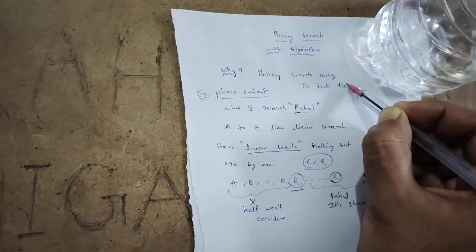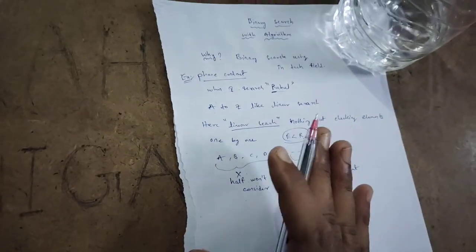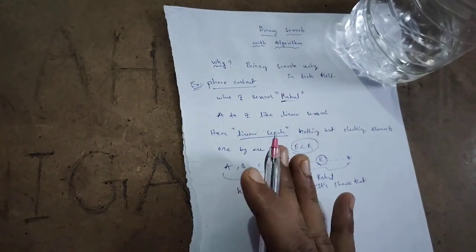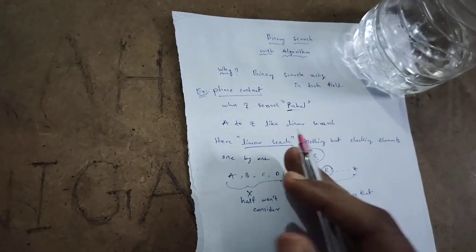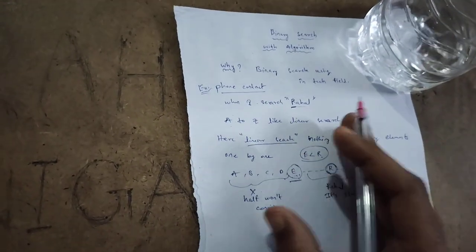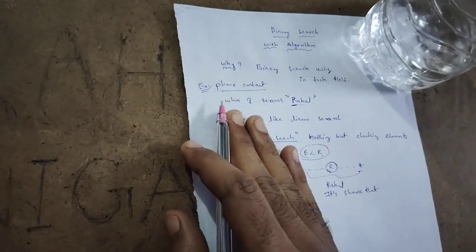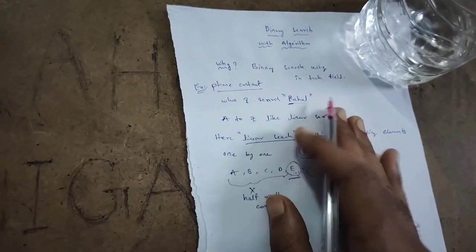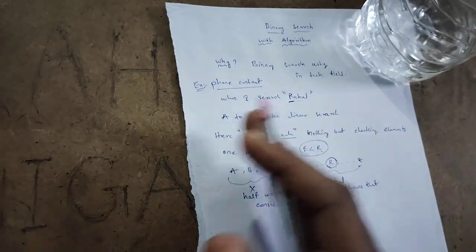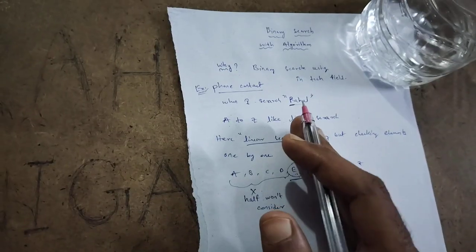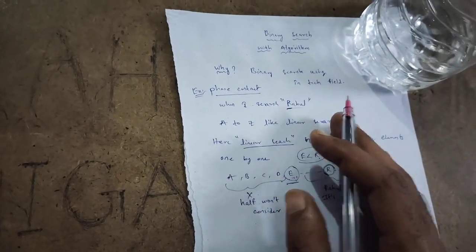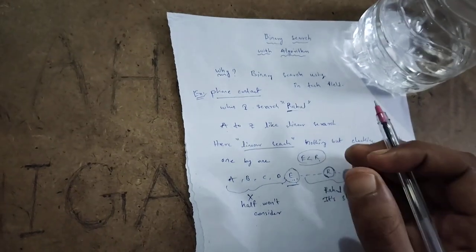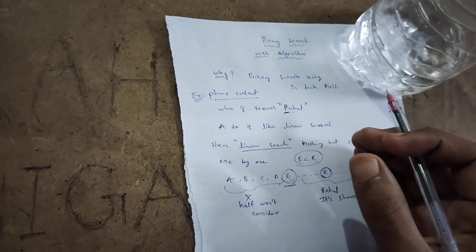Because students, you have to understand, computer doesn't think and doesn't imagine how the elements are there, whether it is greater than or less than. They don't know, because they don't have a mind. We build them, they don't think, we build them to process. The computer's main thing is processing.